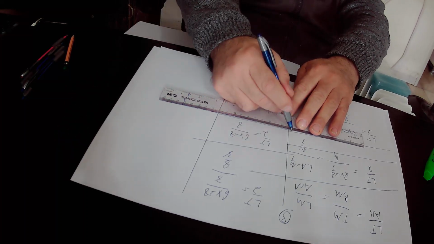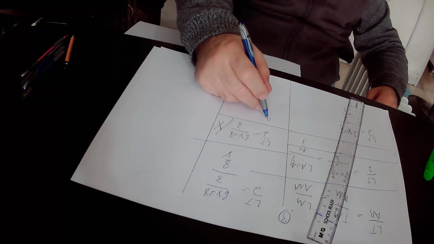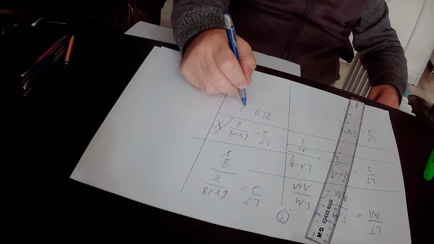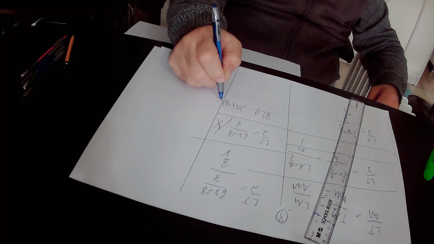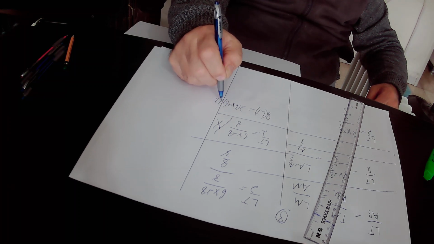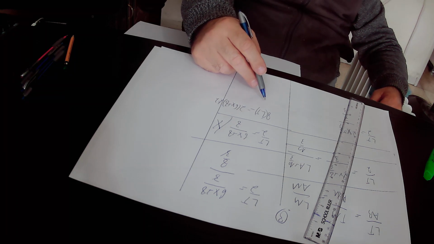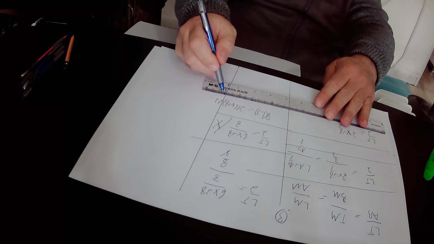So here we cross multiply this equation and we get that 8 times LT equals 2 times (6x plus 8). Here we divide this equation by 2 and we get that 8 over 2 is 4, so in total in this side of the equation we have 4LT.